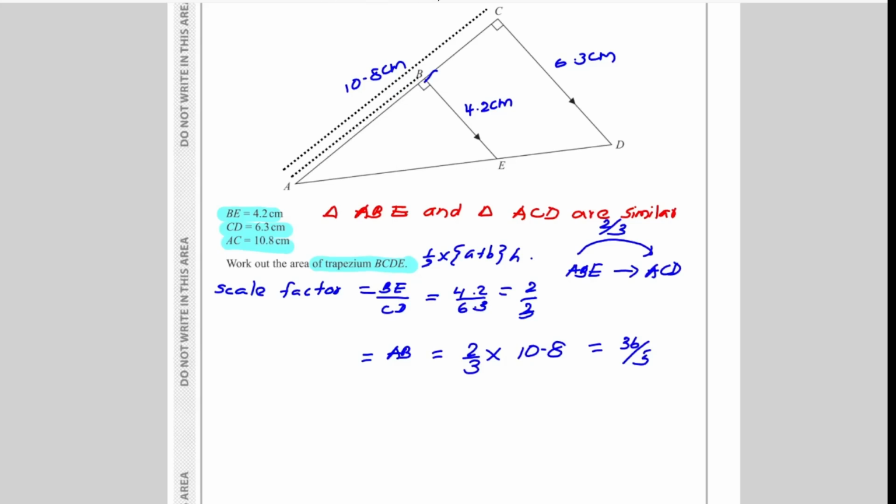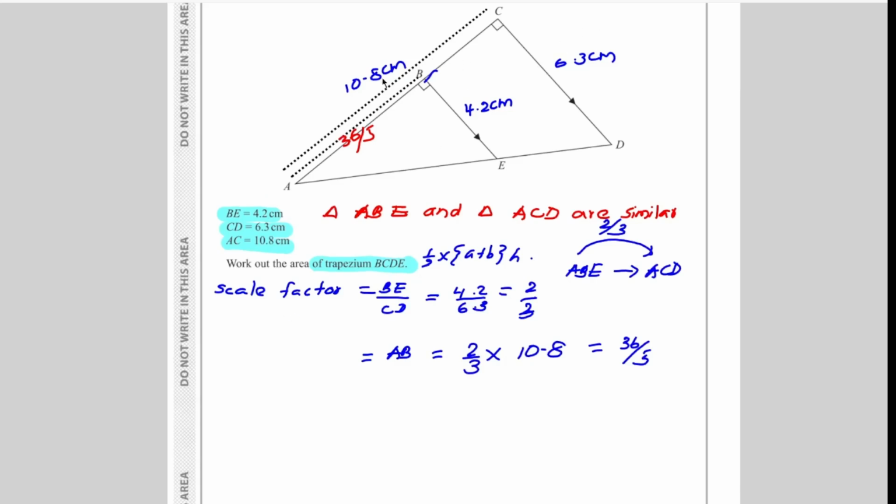This much is 36 over 5. Right, now we have AB. It is 36 over 5.